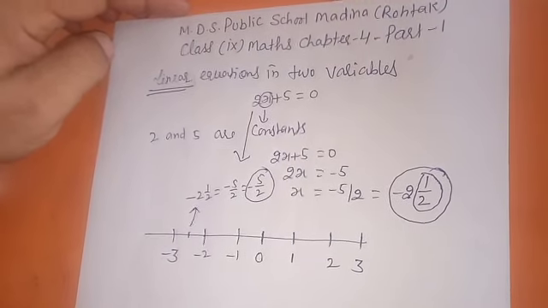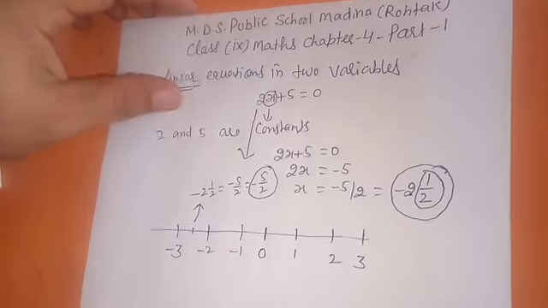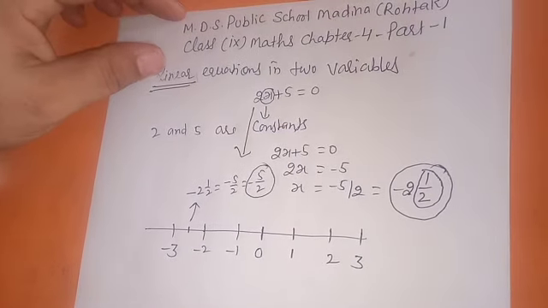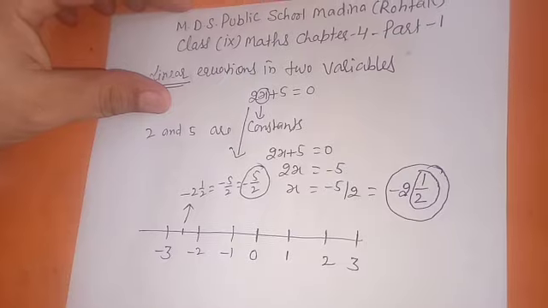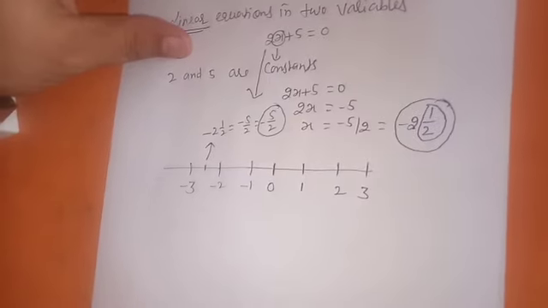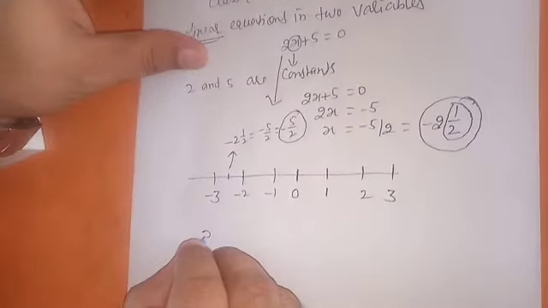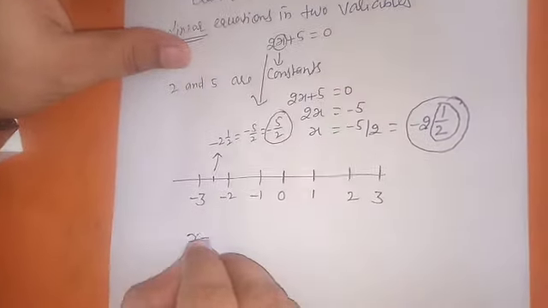So as you know, your chapter name is linear equation in two variable. So two variable, I am telling, linear equation of two variable now, like this: x plus y equal to 100.